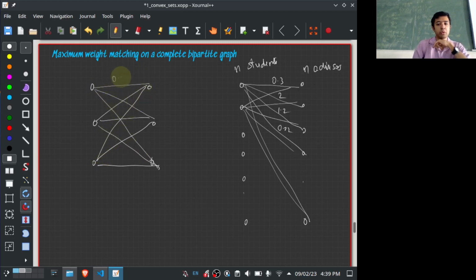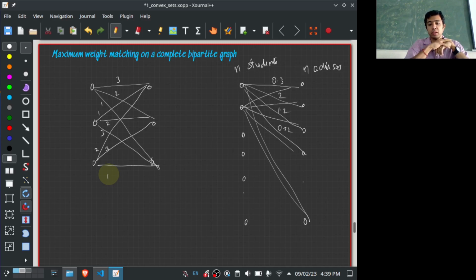Right, let's say this is 3, 2, 1, and this is, let's say, 1, 2, 3, and this is 2, 3, 1. Okay, these are the preferences given by each student for each advisor.